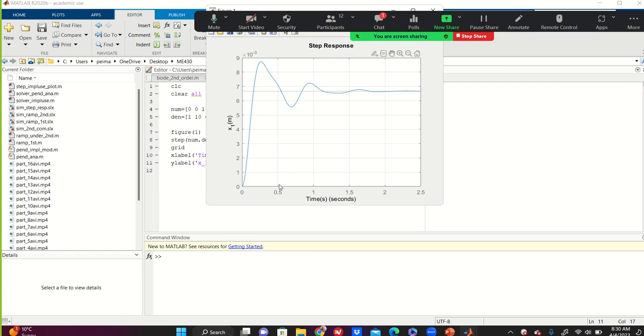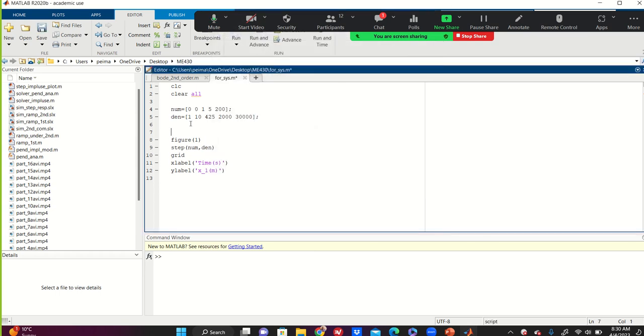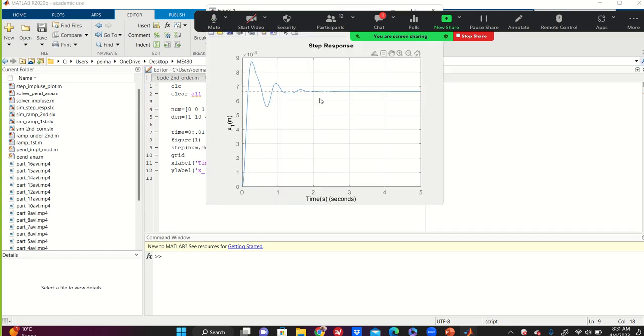it's a stable system and it's underdamped. See guys? But for making sure that it's settling down, I'm gonna increase the time. Just 5 seconds, and I'm gonna add time. Here we go.